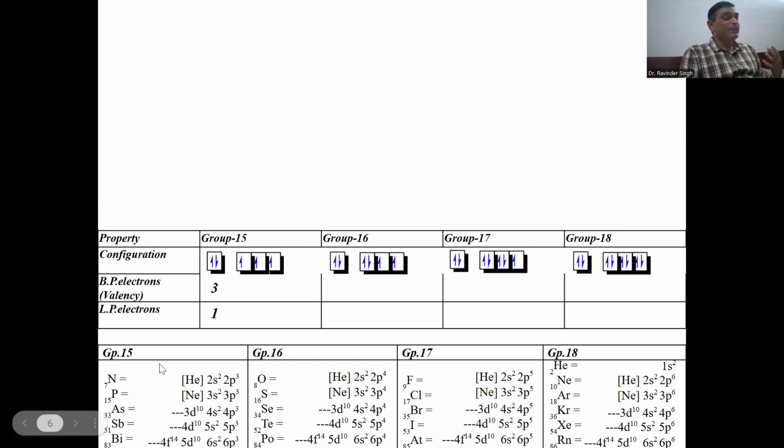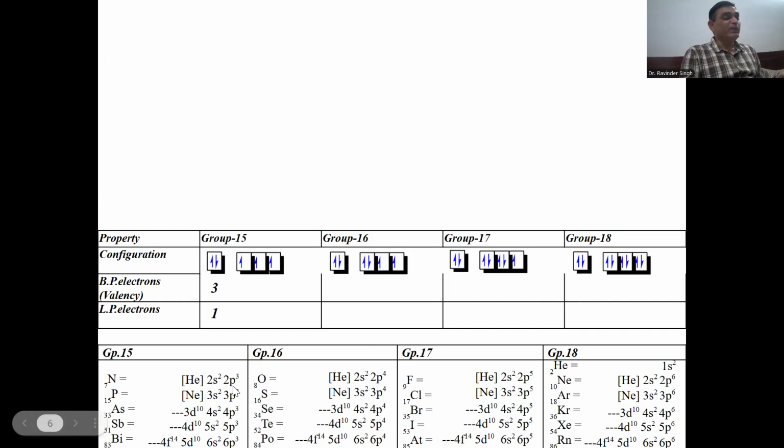Means in all these groups, ranging from group number 15, 16, 17, 18, except the first element, that is nitrogen in group 15, oxygen in group 16, fluorine in group 17, like that, the other elements, phosphorus, arsenic, all have vacant d orbitals. While the first elements don't have any vacant d orbital because they are second period elements and have only the second shell, and in the second shell there is only s and p.